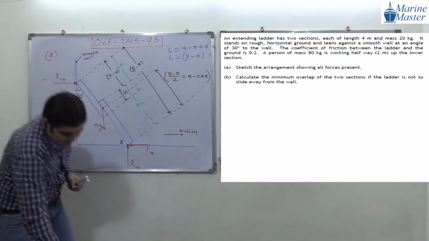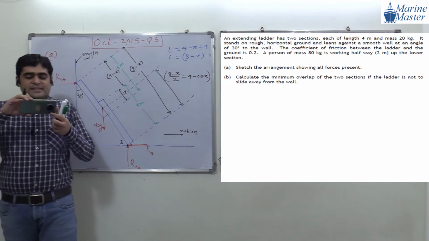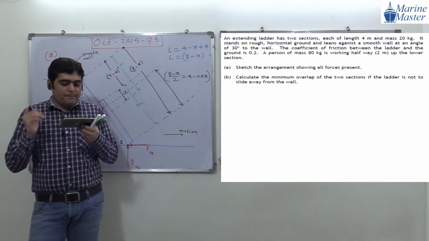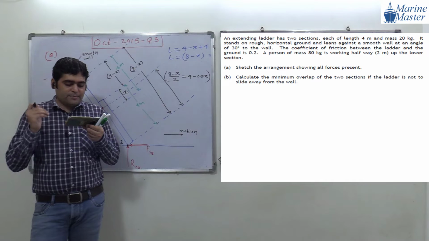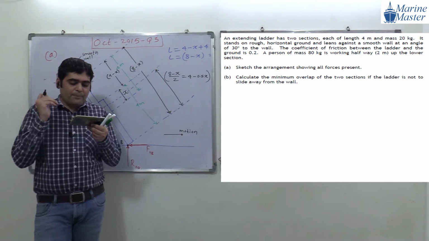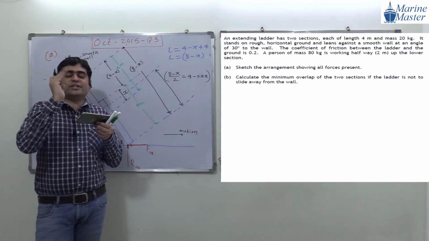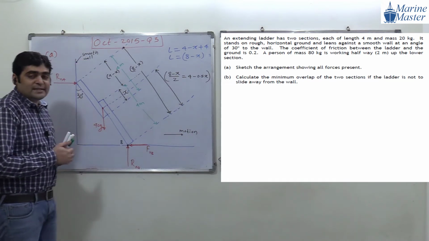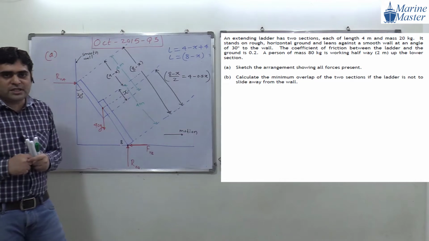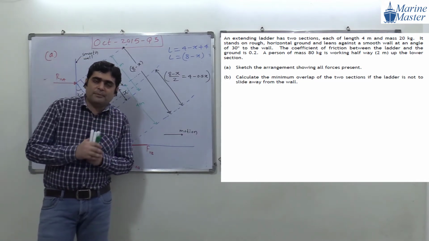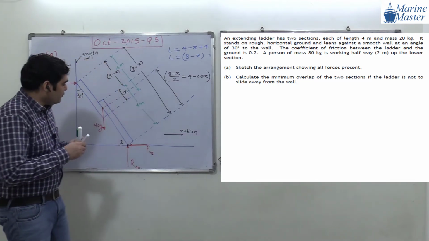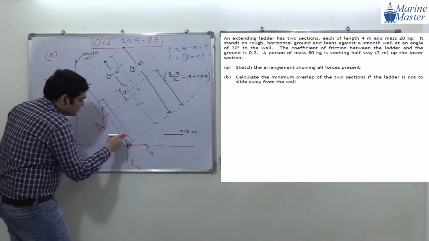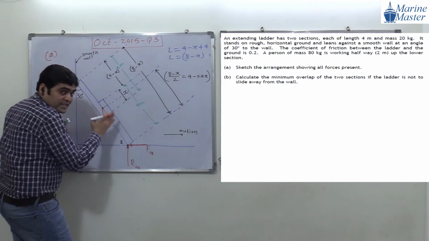And there is another thing. See the last sentence of the first paragraph: a person of 80 kg is walking halfway, 2 meter, of the lower section. So we have one person whose mass is 80 kilogram. The weight of that person will be 80 g. It will act exactly at the center of this section, meaning halfway on the lower section, 2 meter.